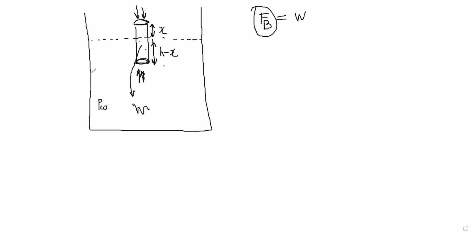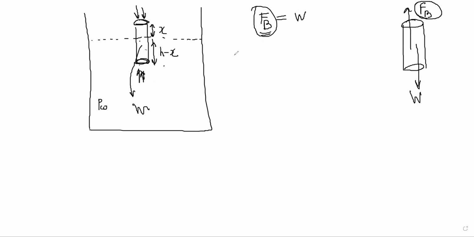So in this case, we can just work with an upward buoyancy force and a downward weight. We don't need to do the actual stuff, which is P1 into this and P2 into this. This is just a simplification of calling the difference in pressures the buoyancy, so force of buoyancy equals weight.